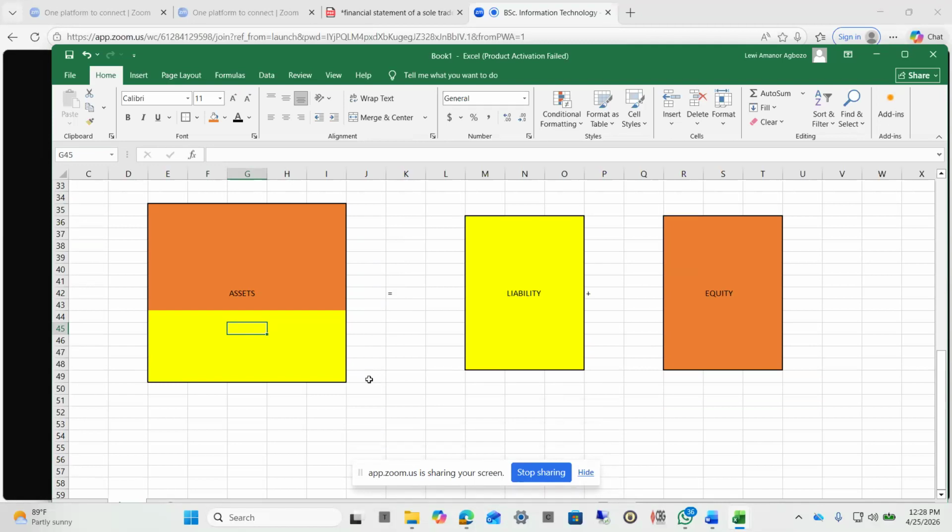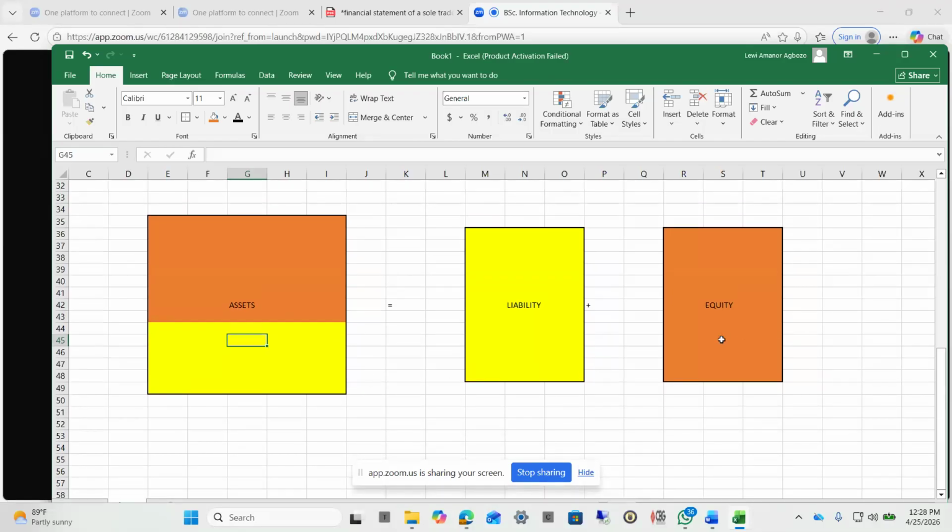Explain again. I'm saying that this equity is the money you yourself brought into the business. And the yellow one is a liability, the money you borrow from people or the things you get on credit from people to start the business or to be doing the business with.